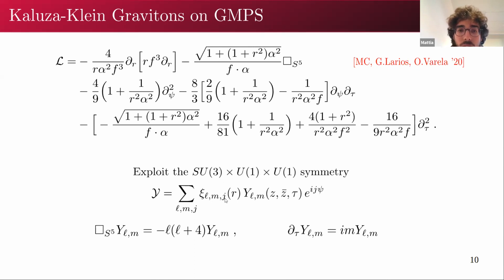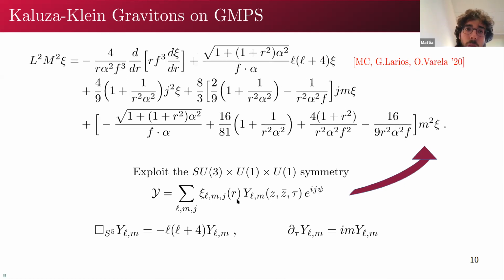And then we have a leftover eigenfunction, which depends only on the coordinate R. We plug this ansatz into the original eigenvalue problem, and we get a set of ordinary differential equations for the eigenfunction psi, which are parameterized by the quantum numbers n and j, which I described here down.